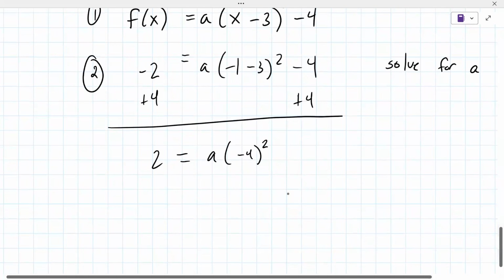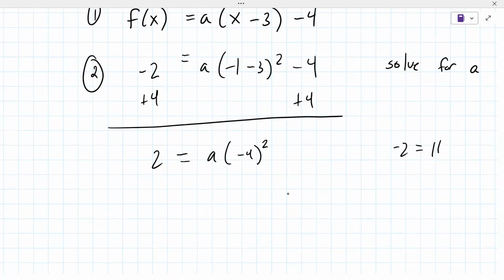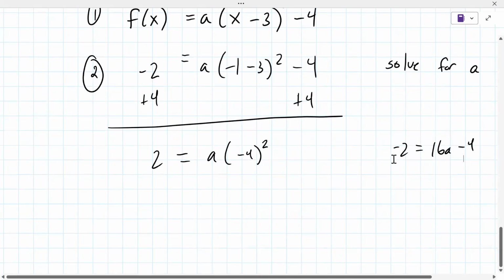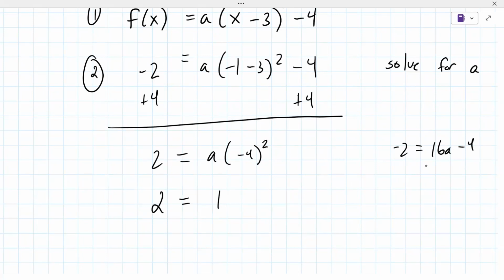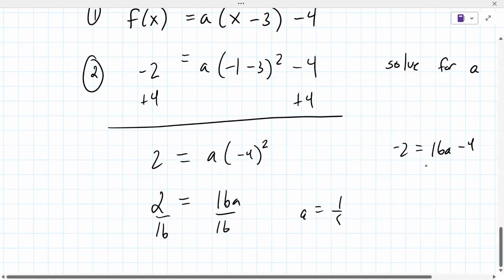Even if you do it the way you're talking about, you still should get 16a minus 4. You still have to add the 4 first and then divide by 16. Yeah, that's what I did. So I got 1/8. I got a equals 1 divided by 8, not 1/3.